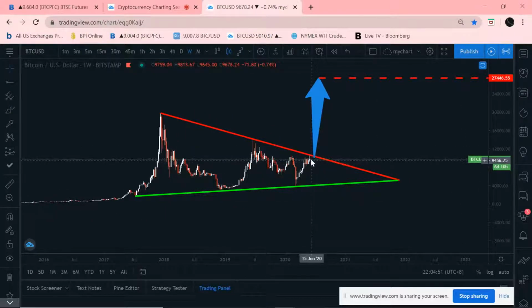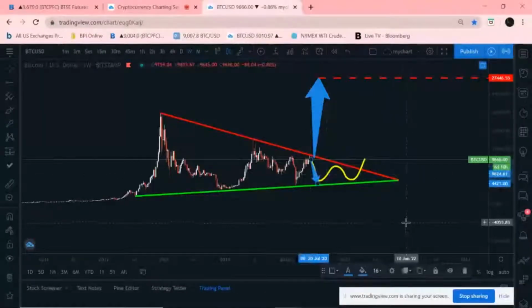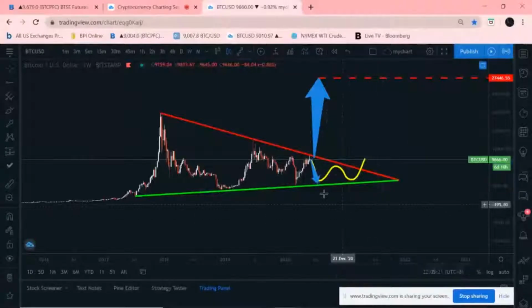However, if it invalidates or rejects the breakout at this level, the worst case that we're looking at is of course to trade within this area level, around 4,421.